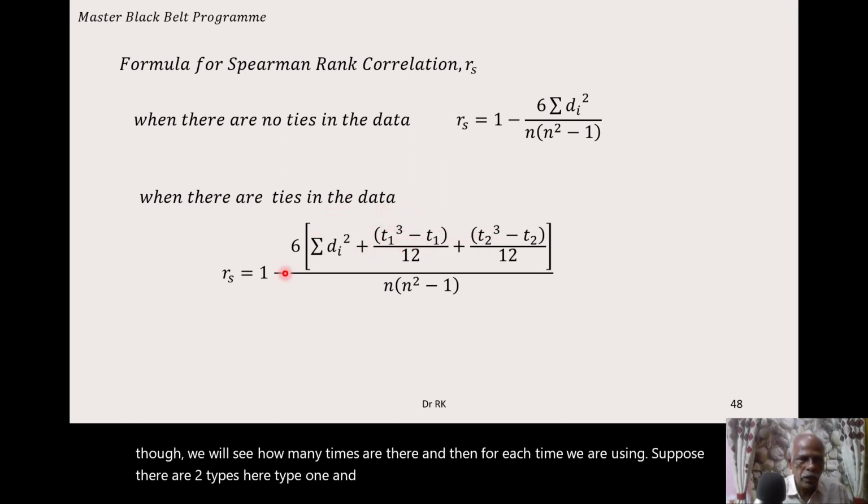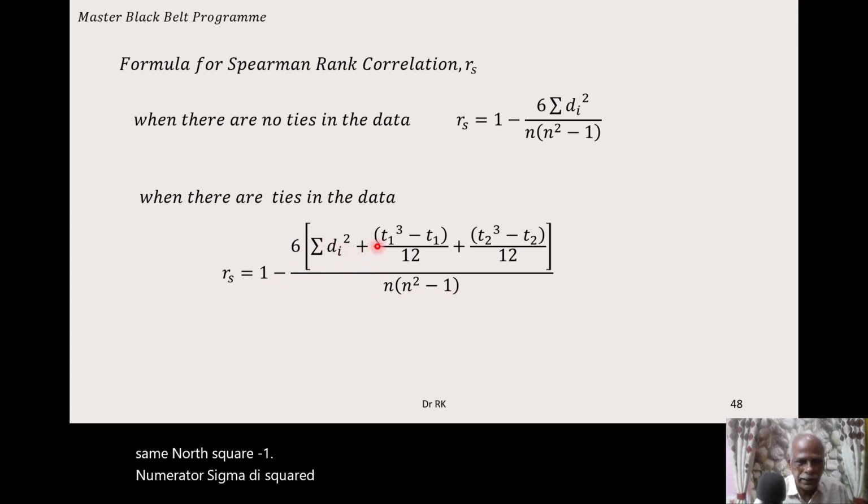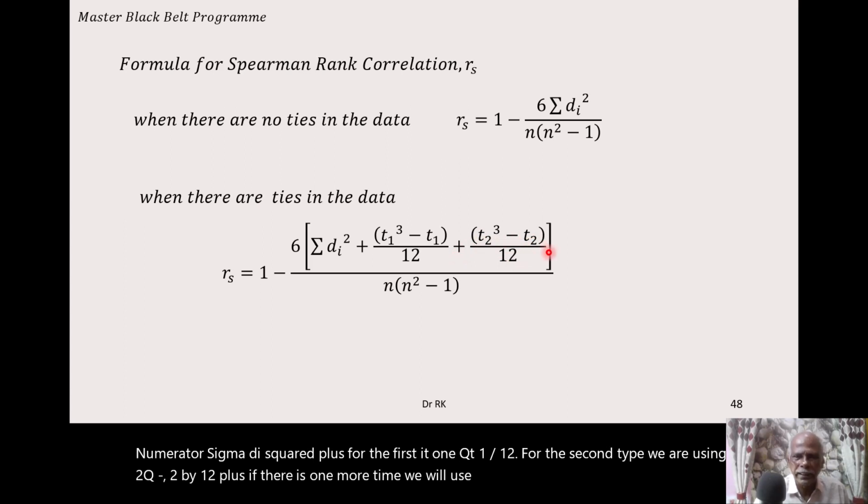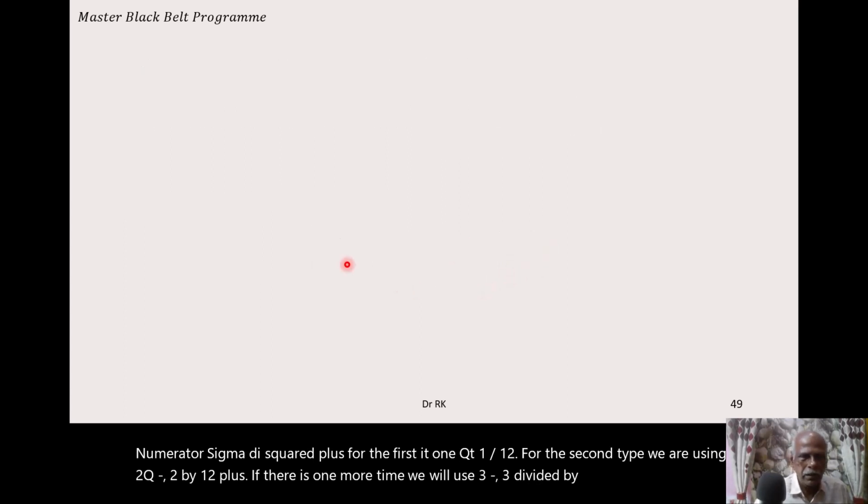RS equal to 1 minus 6 times, where the denominator is the same, n into n squared minus 1, and the numerator is sigma di squared plus, for the first tie, T1 cubed minus T1 divided by 12. For the second tie we use T2 cubed minus T2 by 12, plus if there is one more tie we will use T3 cubed minus T3 divided by 12.